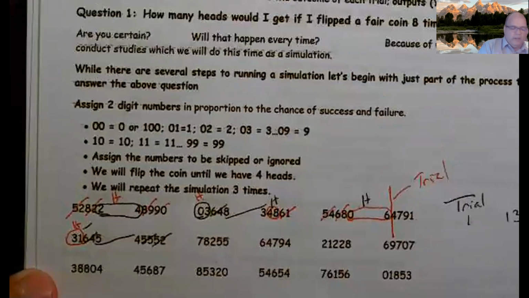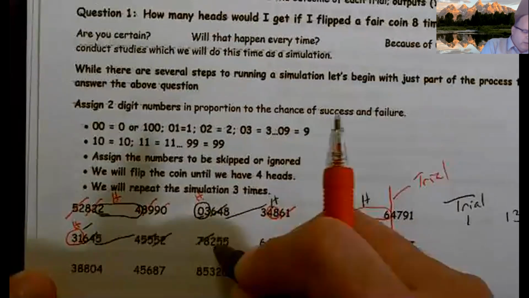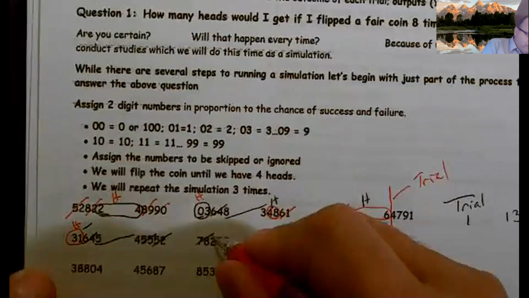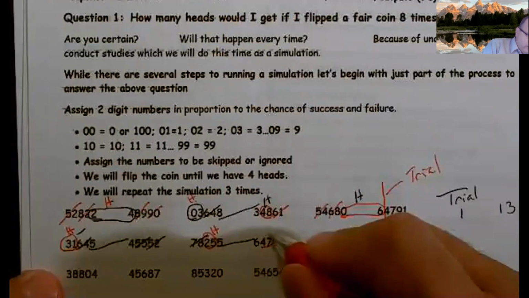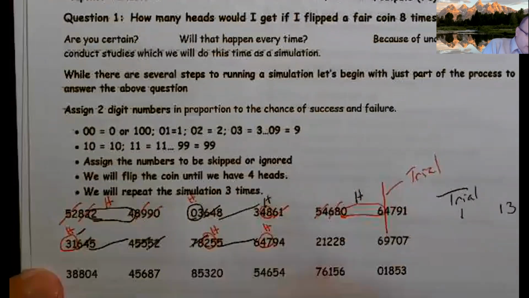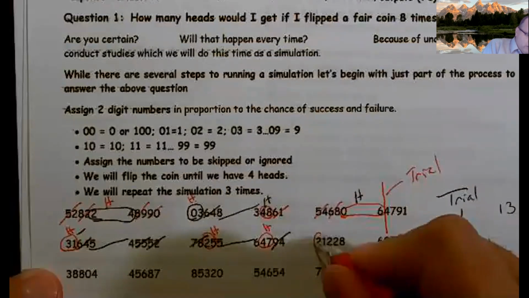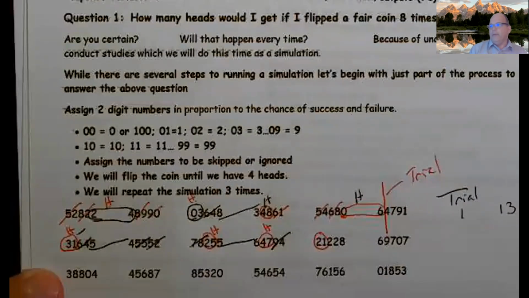Then we have a 78, which is not a head. But then we get to a 25, and that's a head. A 56 is not a head. A 47 is a head. A 94, not a heads. And then we get to a 21, and that is a head.